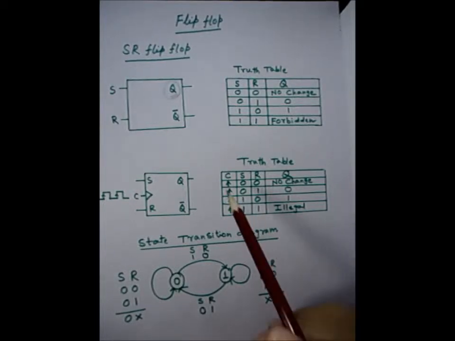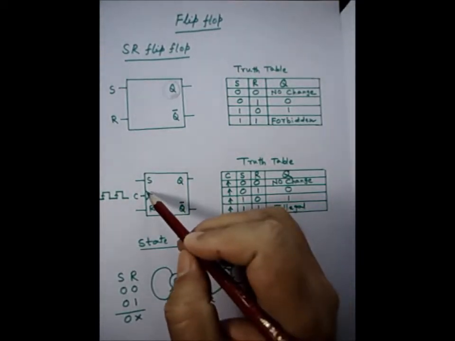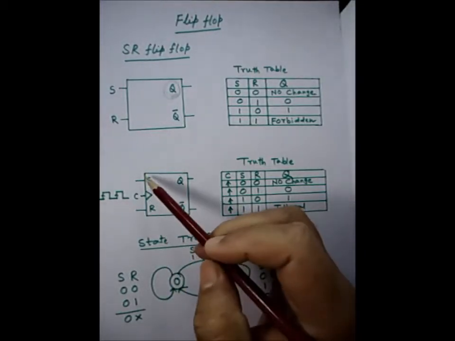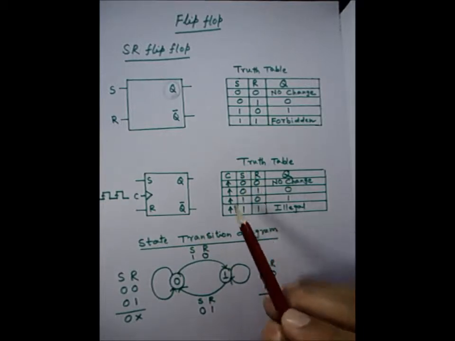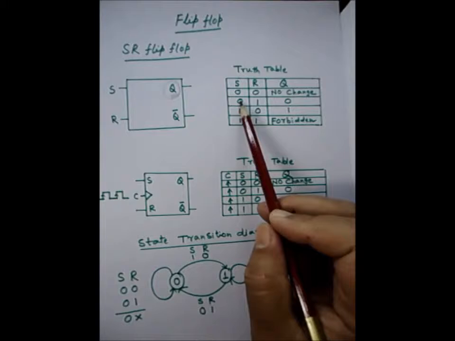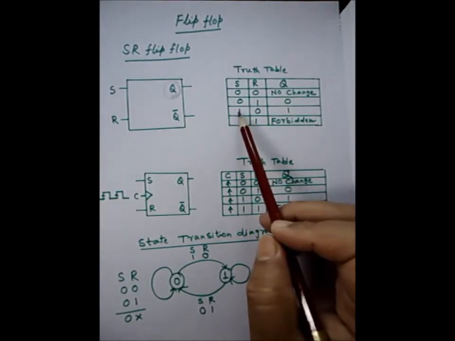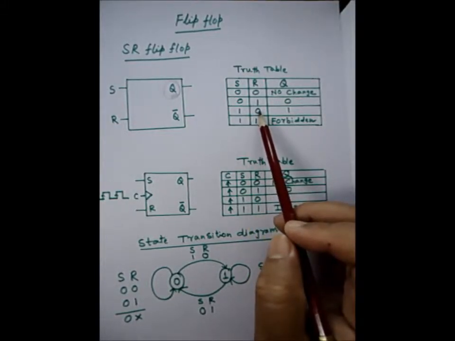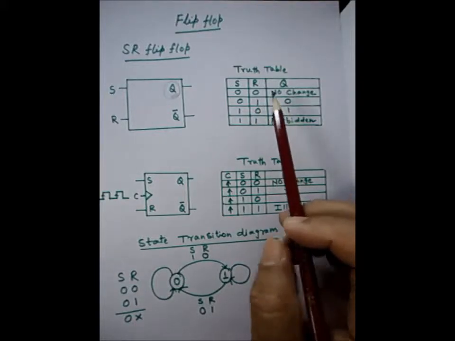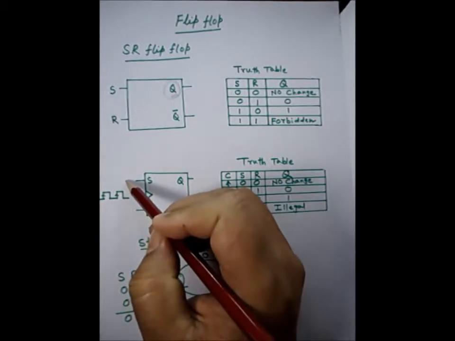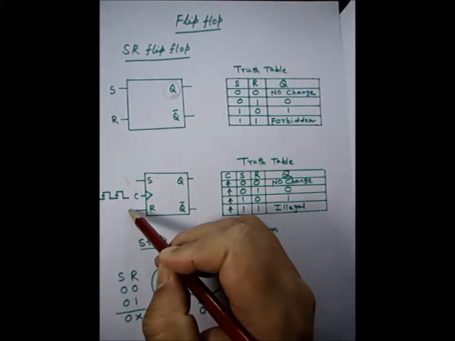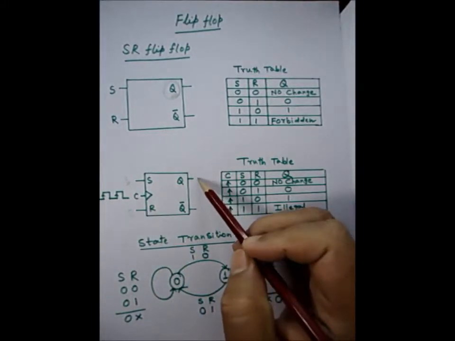Now, in a similar way, a flip-flop generally works with clock pulses. I'll explain. As I told you, if S equal to 1 and R equal to 0 and the previous state was 0, it will become 1. If I apply S equal to 1 and R equal to 0, then Q should become 1.